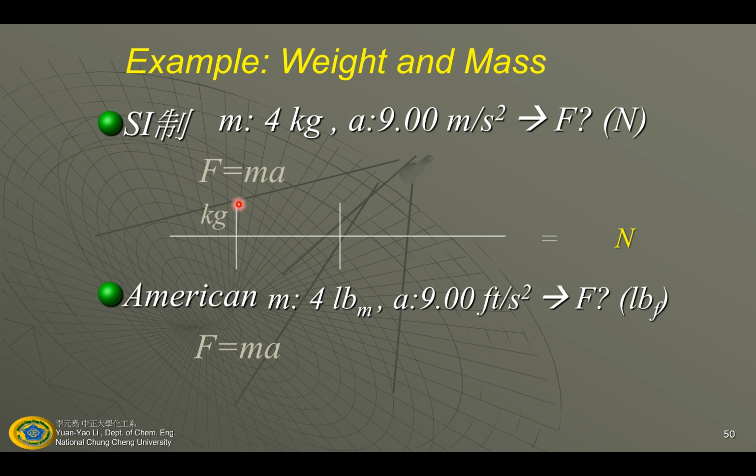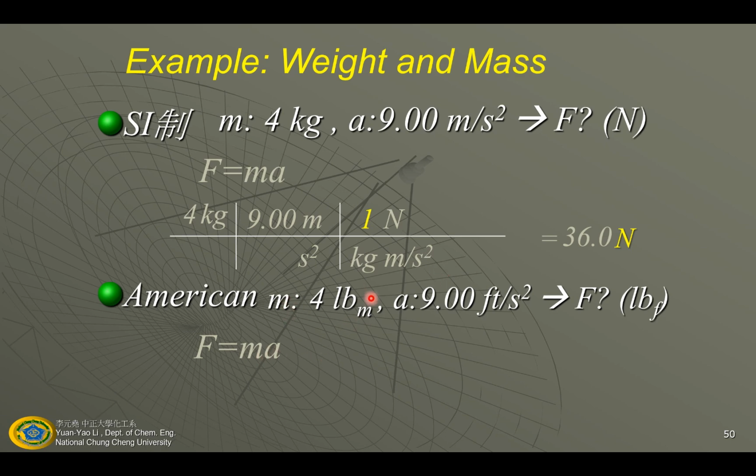Then if you use the dimensional equation, the kilogram here is 4 and the acceleration is 9.00. And we understand this is kilogram meter per second squared, that will be Newton. So as a result, this is 36.0 Newton.